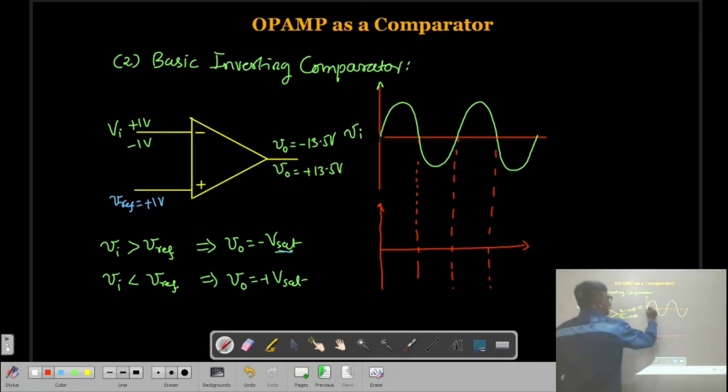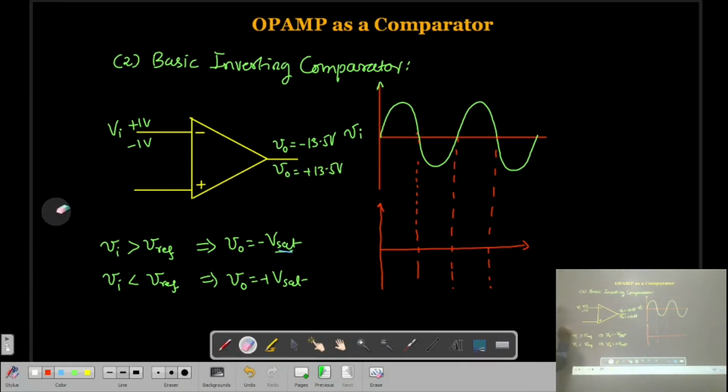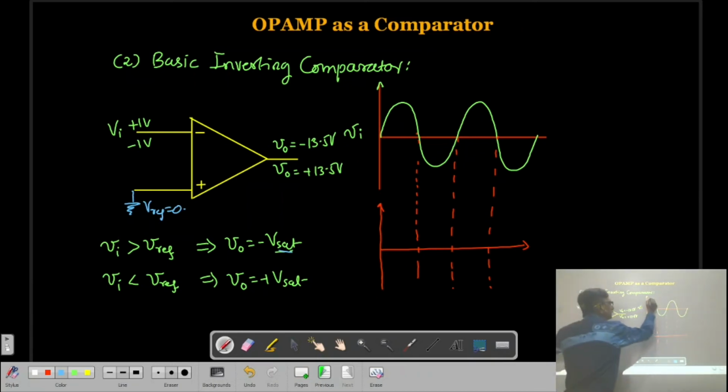Now, here you can see that my reference voltage, suppose the reference voltage is 0. Reference is 0. So here in this case, the input voltage is greater than the reference voltage. What should be the output?